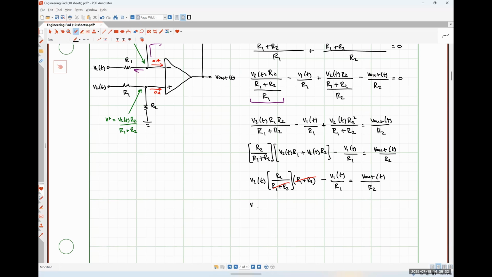So I've got V2 times R2. I'm going to multiply both sides through by a factor of R2, so that's going to put an R2 squared here.